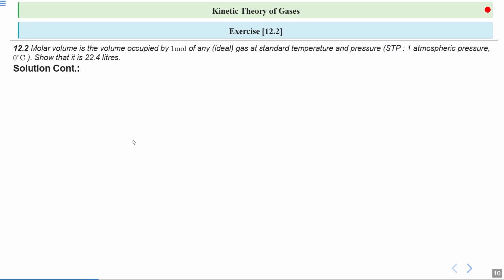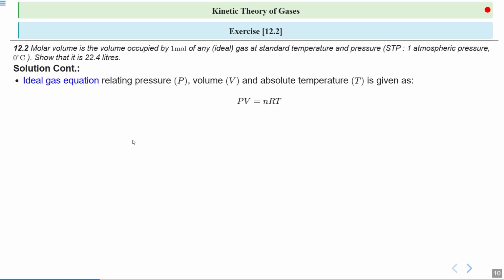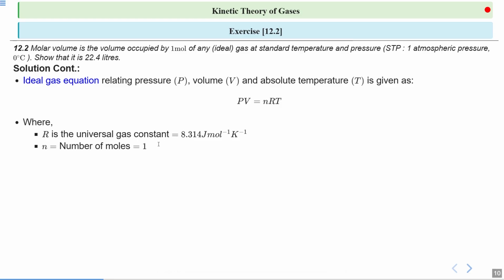So, ideal gas equation relating pressure P, volume V and temperature T is given as PV equal to nRT. This equation helps us relate these variables to each other, where universal gas constant R is equal to 8.314 joule per mole per Kelvin. n equal to number of moles, which is equal to 1.